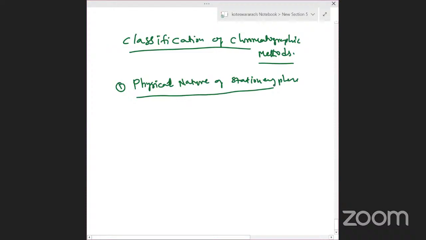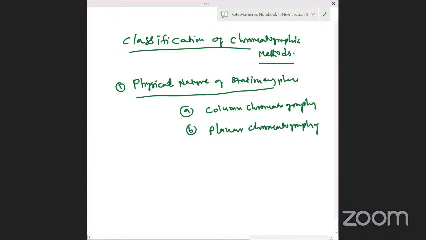Based on the physical means by which the stationary phase and mobile phase are brought in contact with each other, all chromatographic methods can basically be classified into two types: one is column chromatography, and the second is planar chromatography.